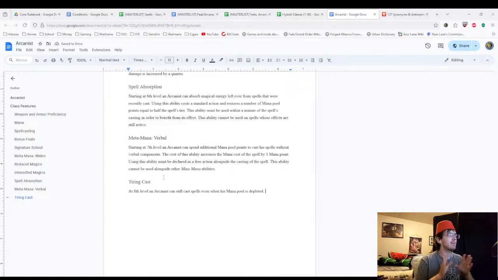So the cost for this: using this ability to cast a spell, he gains a stack of fatigue. Why did I capitalize the F? Gains a stack of fatigue for every 2 points. 2 points sounds good.